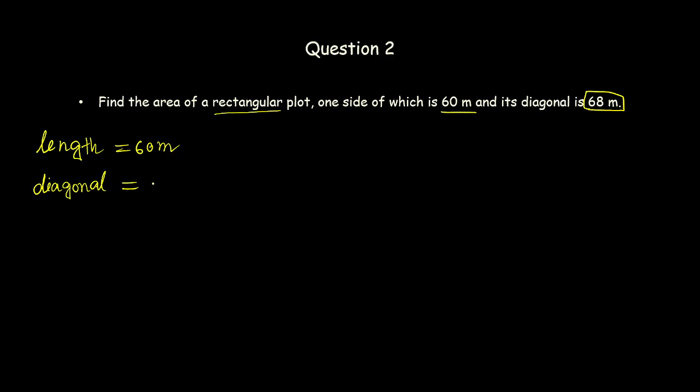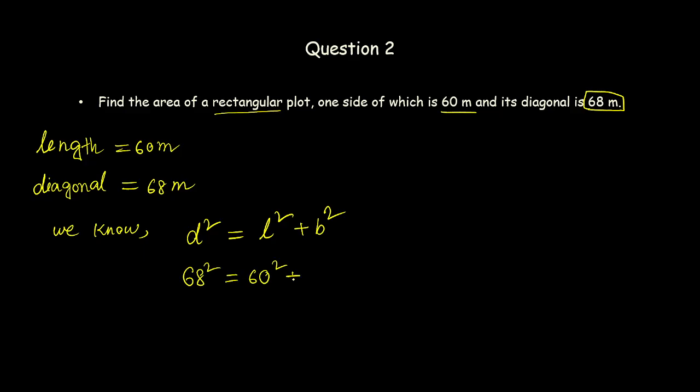And diagonal is 68 meter. Now what do we know? We know that diagonal square is equal to length square plus breadth square, right? Therefore 68 square is equal to 60 square plus breadth square. So breadth square will be 68 square minus 60 square.